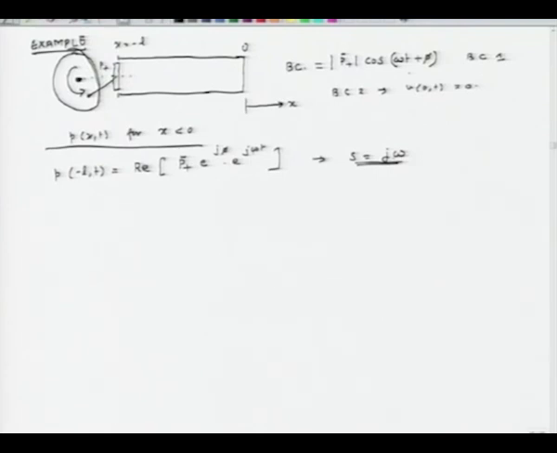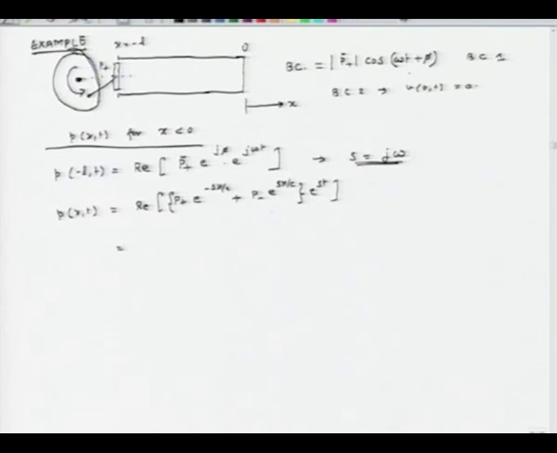So, now we plug this and put it into the equation for pressure. So, P(x,t) is real of [P plus e^(minus x over c) plus P minus e^(s x over c)] e^(st), and now I know that s equals j omega.